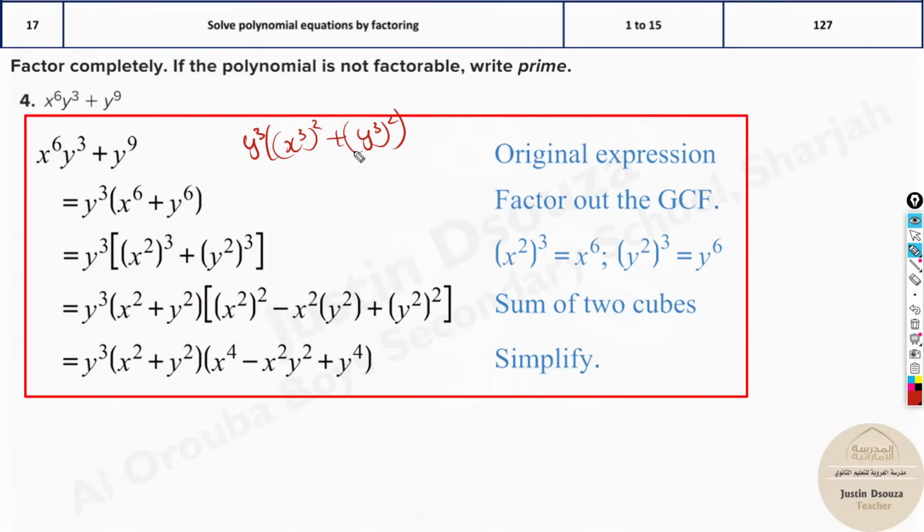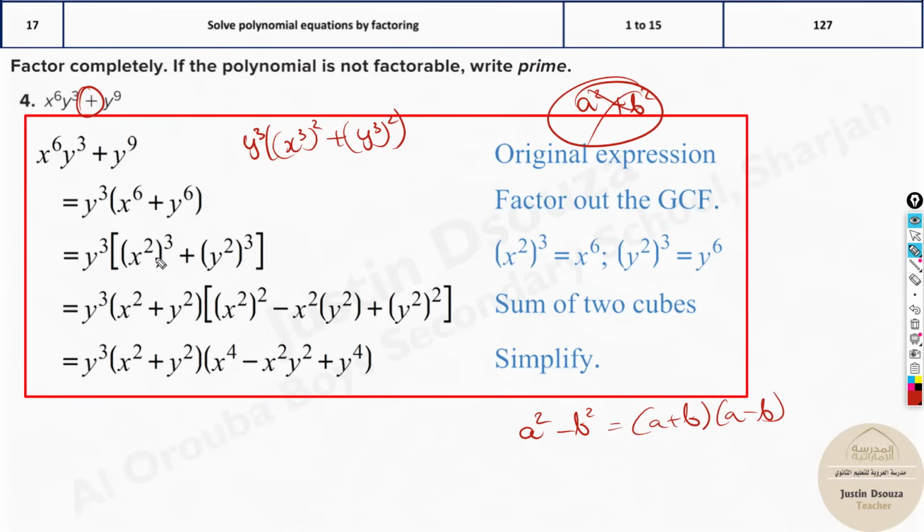Can you think for a minute why we can't use this? Because there is no identity for a squared plus b squared. There's literally no identity for this, whereas there is a difference of squares, a squared minus b squared equals a plus b, a minus b. It simplifies, but there's no identity for this. So if it is plus, we cannot use this.